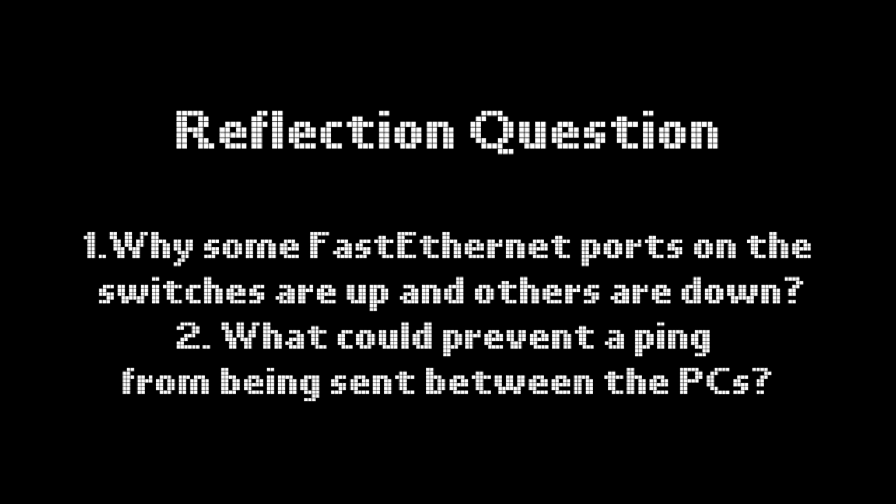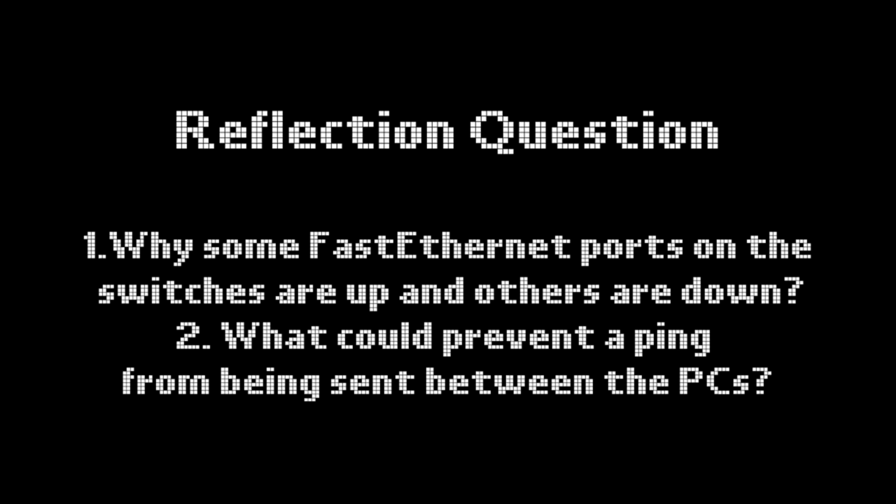Next one is the reflection questions. Number 1. Why are some FastEthernet ports on the switches up and the others down? The answer is the FastEthernet ports are up when cables are connected to the ports. Otherwise, if the cables are not connected, the ports will be down.